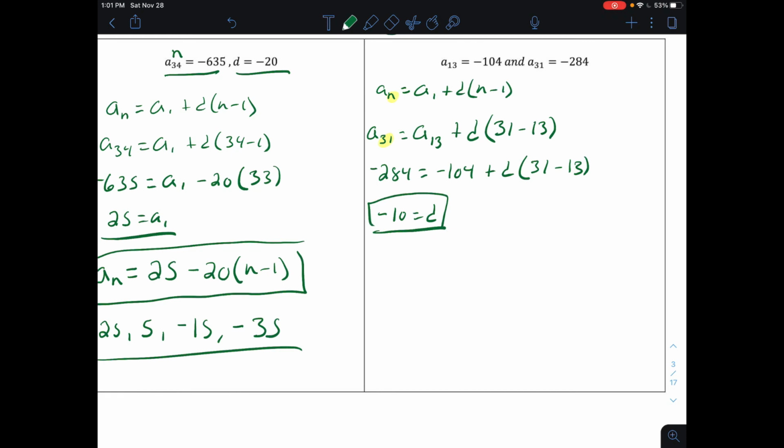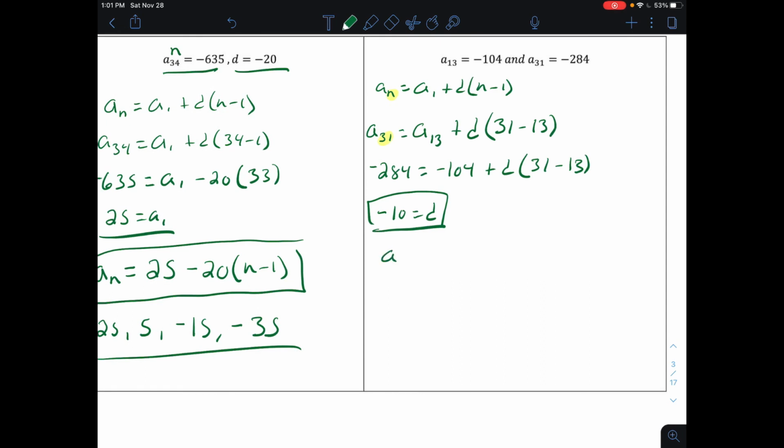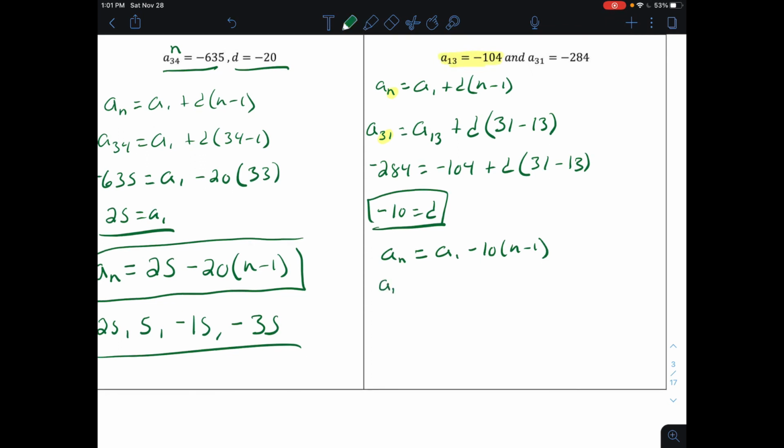Now that we know what d is, we're going to do what we did in the previous problem. We're going to take our explicit form, where all we know now is that d is negative 10, and we need to solve for our first term. Let's pick one of the two terms we're given. I'm just going to use term 13 and put in 13 for the n.